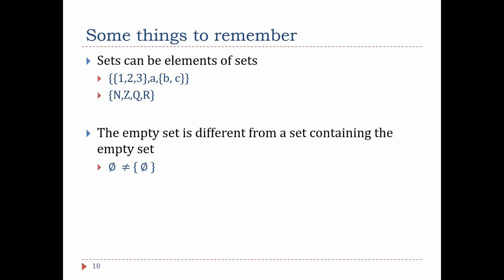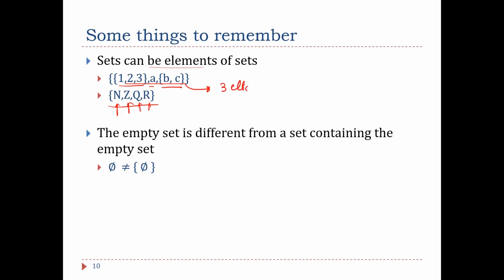Something to remember is that you can nest sets inside each other. You can have a set composed of these sets, for example, a set containing this set and the letter A, and this set containing the letters B and C. If you ask me about the number of elements in the outer set, I would say there are three elements in that bigger set.